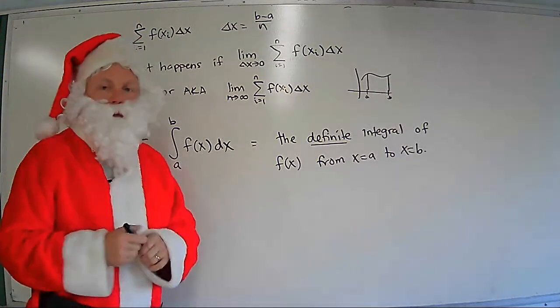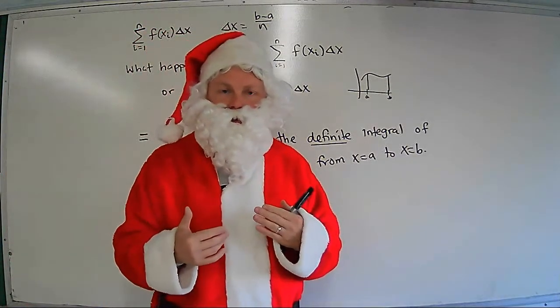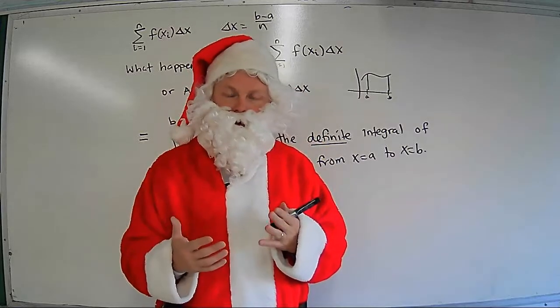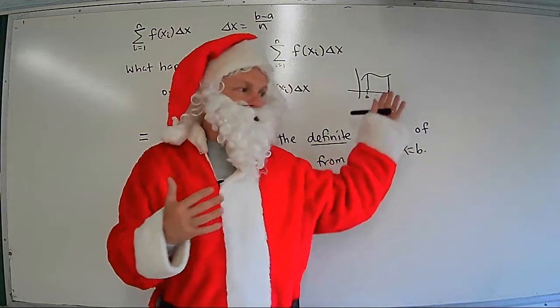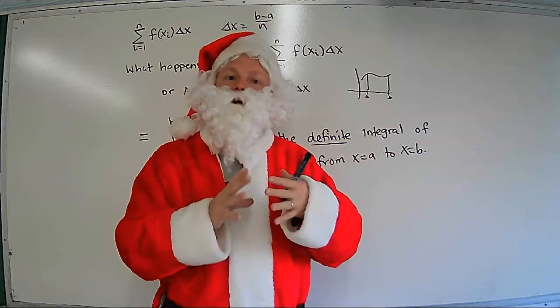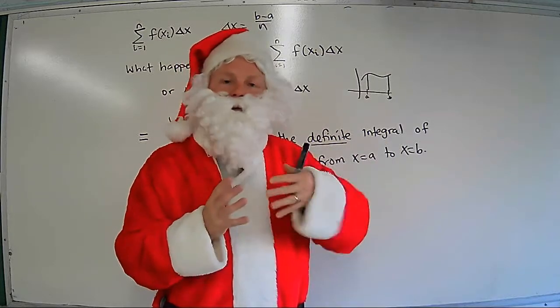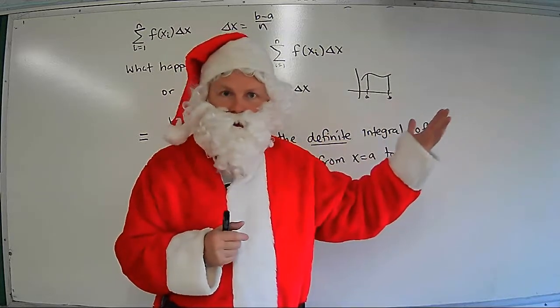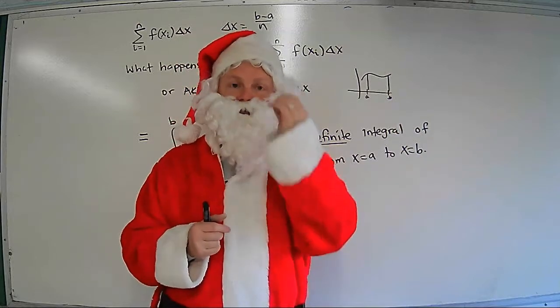What is the definite integral? It's a sum. Yes, in this case, it ends up being an area under a curve, but we will learn down the road that the definite integral doesn't just have to mean area under a curve. What it is, is a sum.